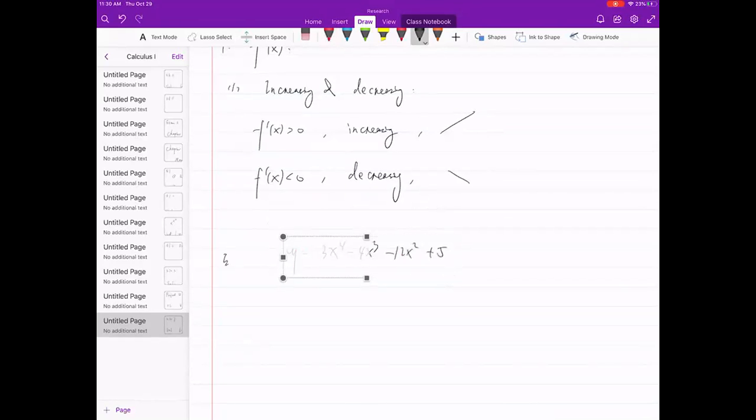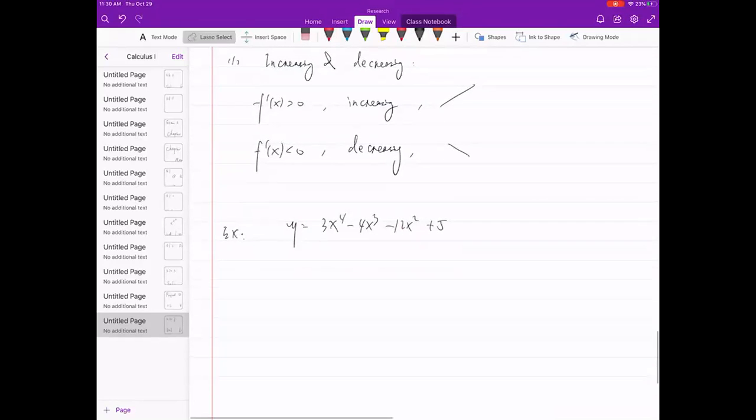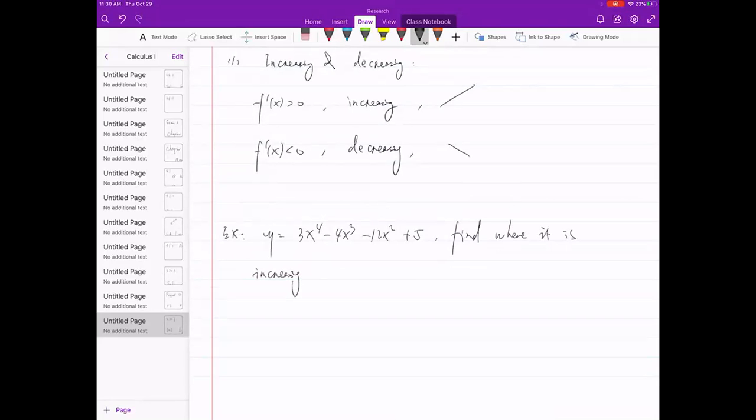Example. Consider this graph here. Find where it is increasing and decreasing.